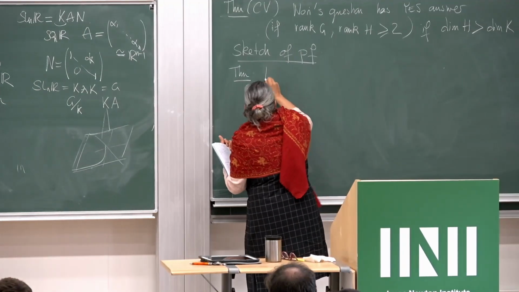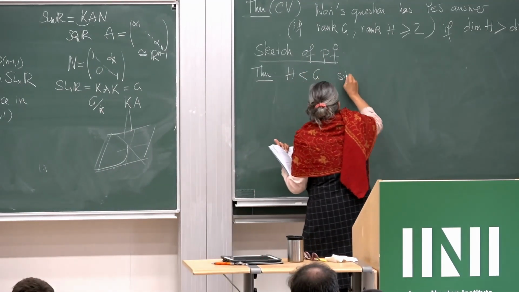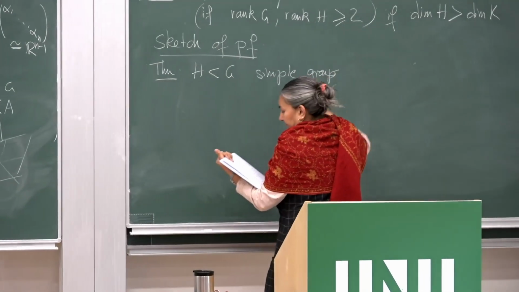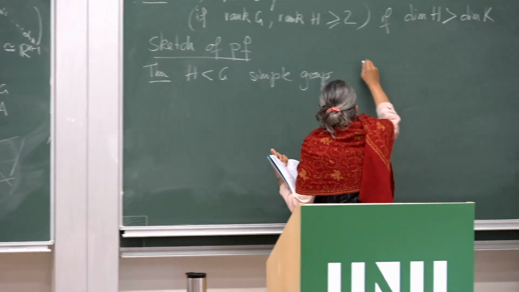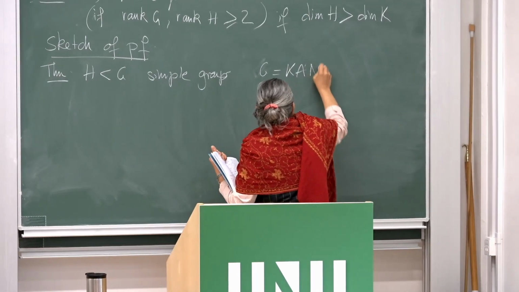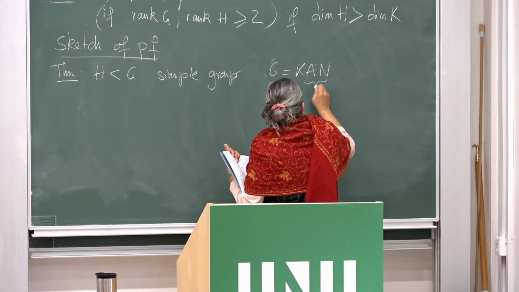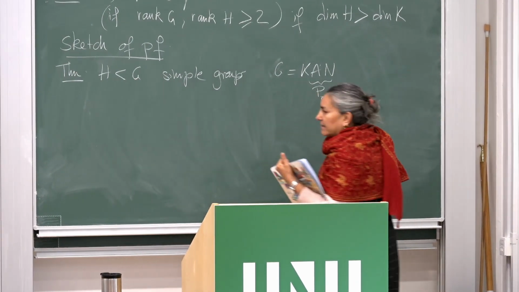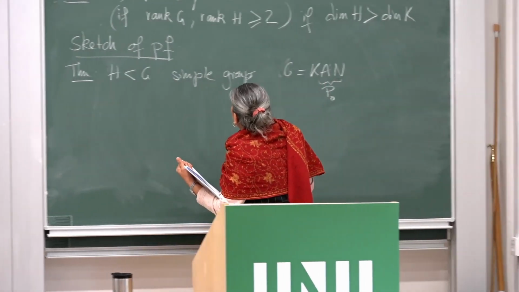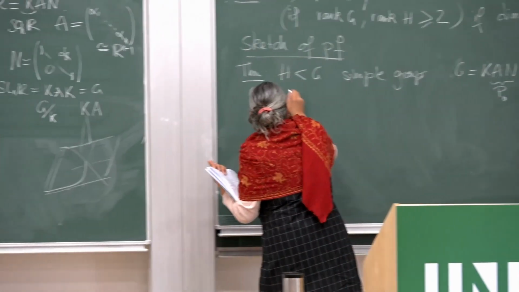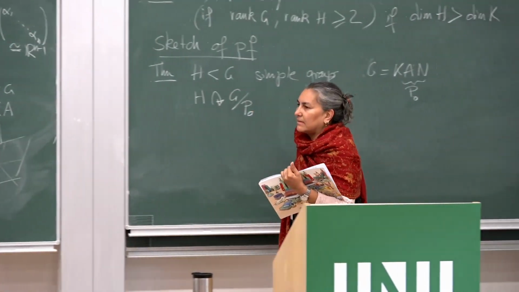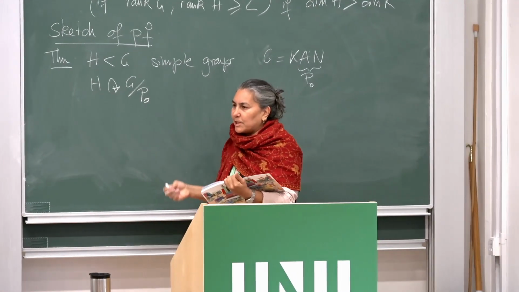Theorem: if you have all these simple groups, and you have your decomposition as KAN, and you call that P0, then you have an action of H on G mod P0, just because H is a subgroup.